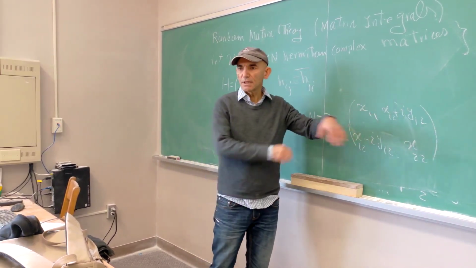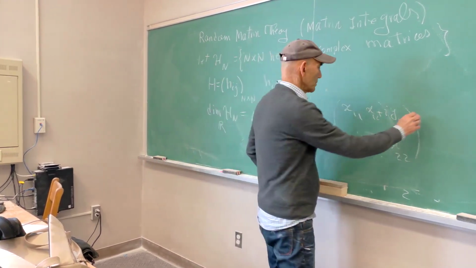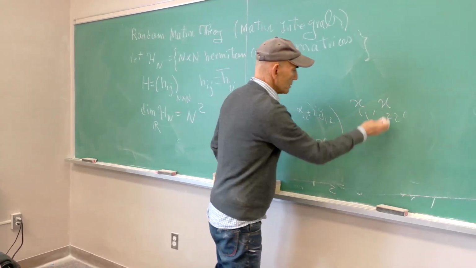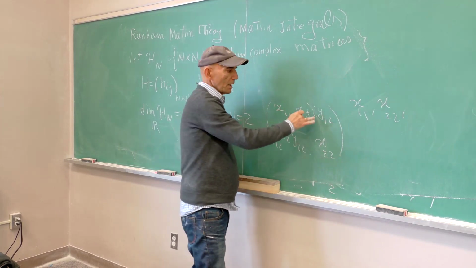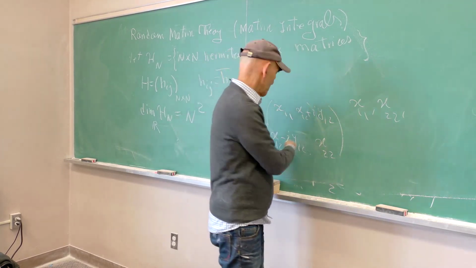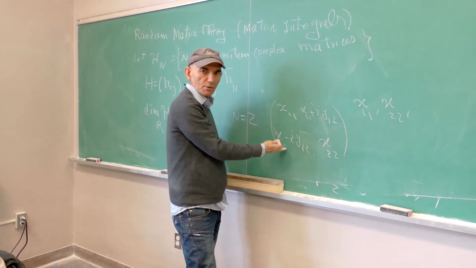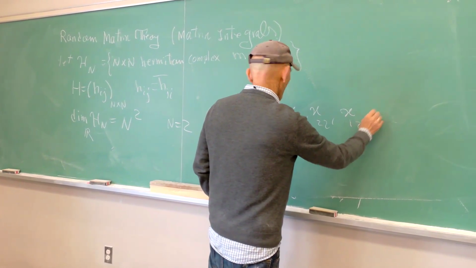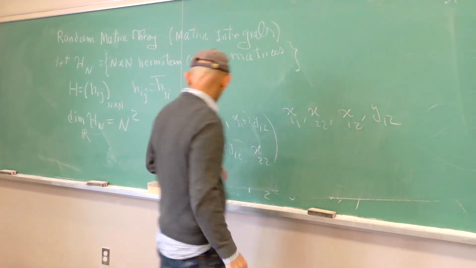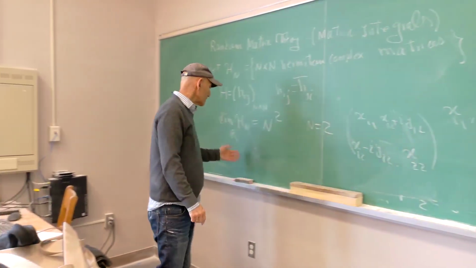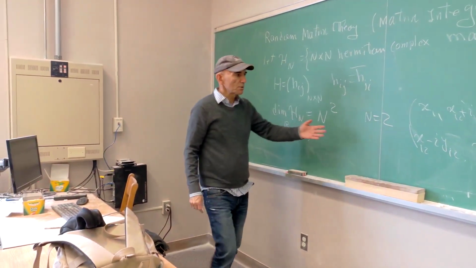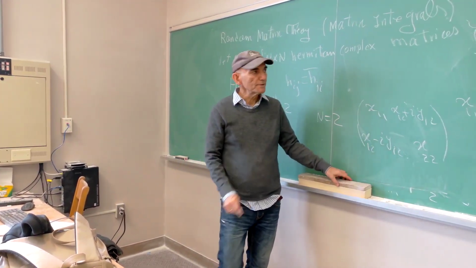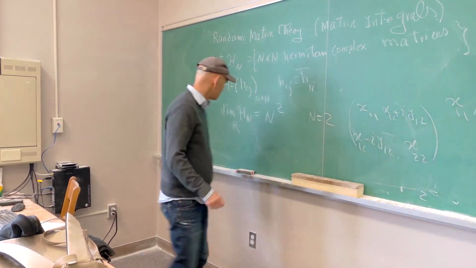So we have 4 parameters that completely fix the thing. These are x11, x22, the things on the main diagonal which are real, and the 2 components of the off diagonal entry. The one below is completely the conjugate of x12 plus i y12.